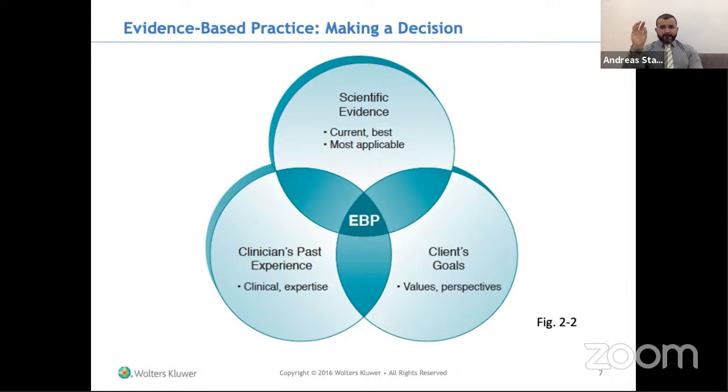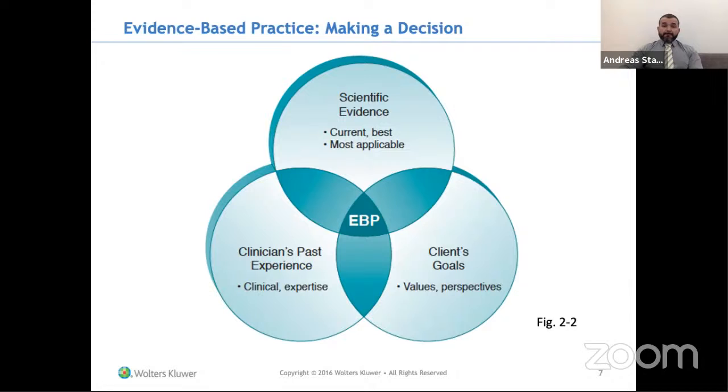So we have what we know, and then we have what we can apply or what we think is best based on our experience and skills, all right, and our resources. And then we have the client. What's best for this client? The client has specific needs, the client has specific goals. So whatever we decide to do at the very end has to take into consideration our specific clients' values and perspectives.